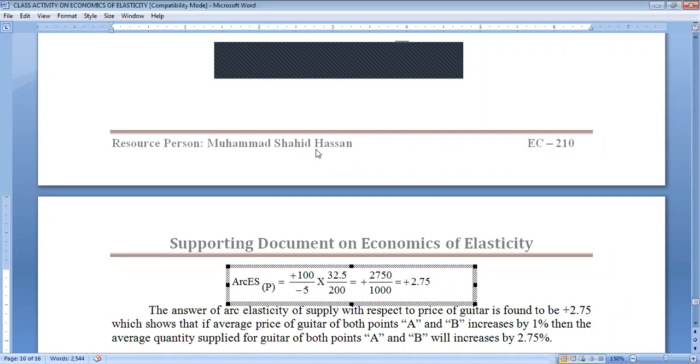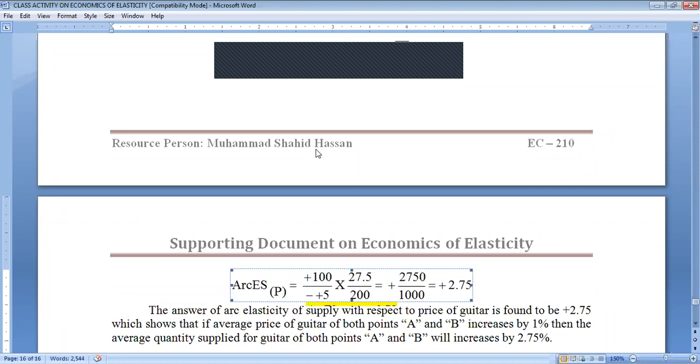So let us multiply 32.5 with 100, which equals 3250, and 5 multiplied by 200 equals 1000, with the minus sign, so the answer should be negative. When we divide 3250 by 1000, we obtain 3.25 as an answer, right?